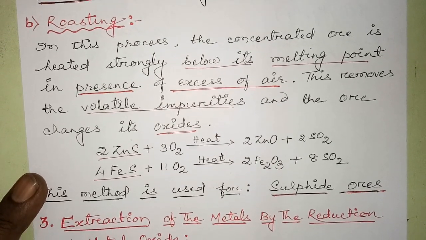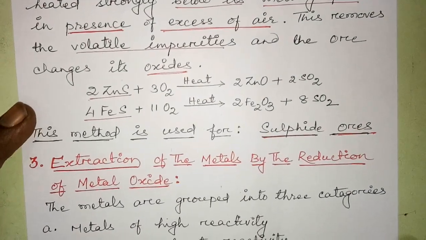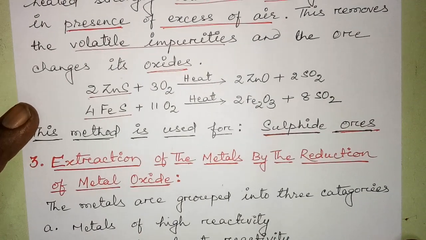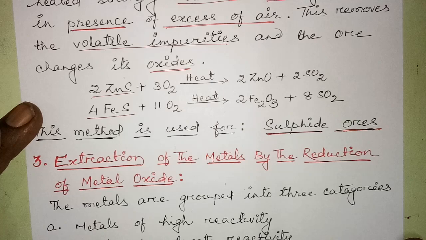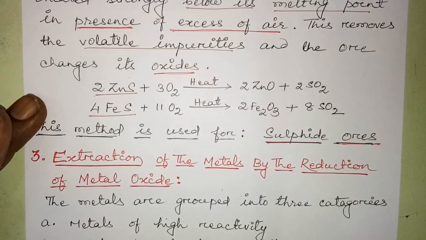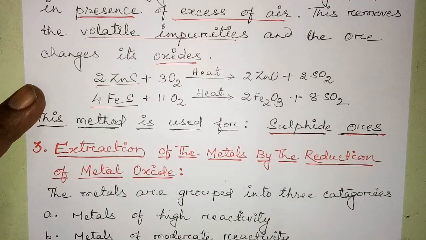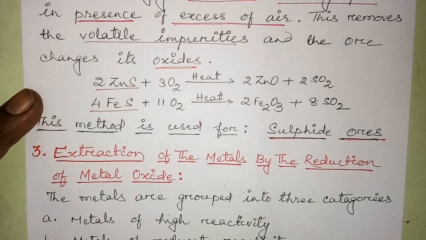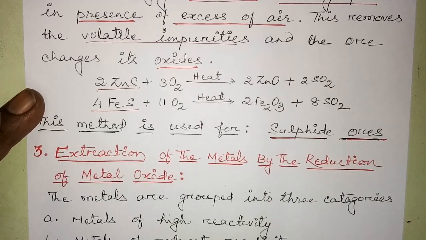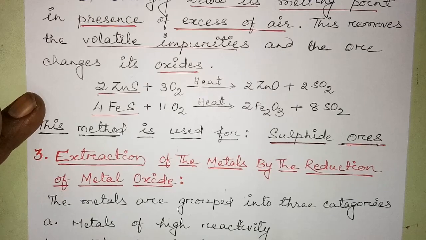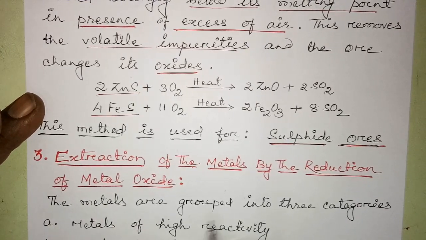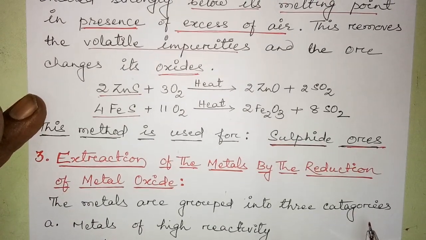Now the next step is the extraction of metals by the reduction of metal oxide. I will tell you a little about this and what the steps are. Then next class we will discuss the details of these methods. The metals are grouped in three categories.